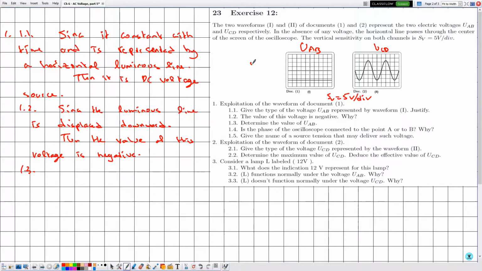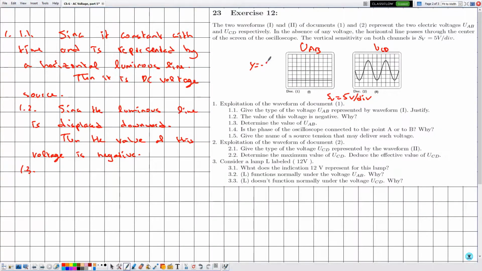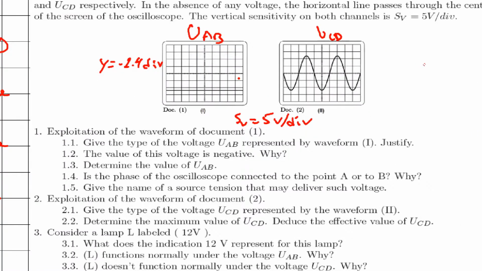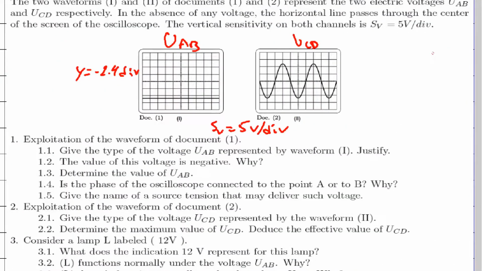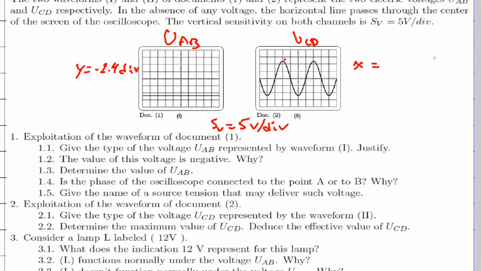So y is equal to minus, and it's displaced downward by 1, 2. Notice that the luminous line coincides with the second division, knowing that each subdivision corresponds to 0.2. So it is given by minus 2.4 divisions. Here, recall that in the case of DC voltage, the value of x is undefined. As for AC voltage, x is the number of divisions between two consecutive peaks, and in this case it is given by 1, 2, 3, and 4.